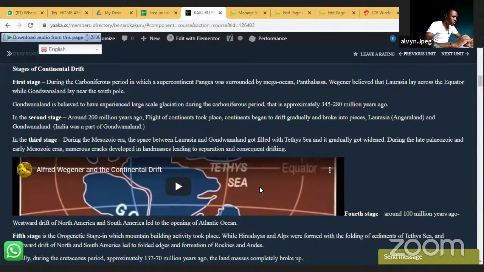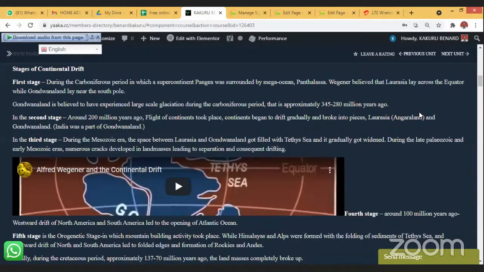In the third stage, during the Mesozoic era, the space between Laurasia and Gondwanaland got filled with the Tethys Sea, and gradually widened during the Paleozoic and early Mesozoic eras. Numerous cracks developed in land masses, leading to separation and consistent drifting.